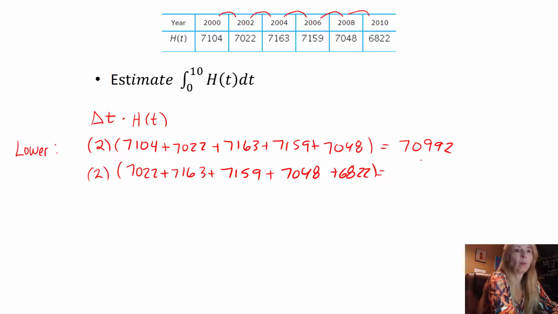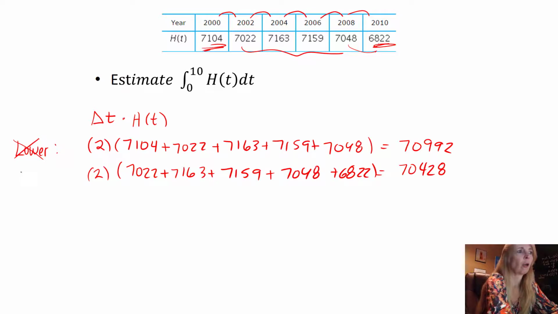Now I wrote the word lower to make sure you realize that doesn't always mean the bottom value. Notice if you look at this overall, and certainly looking from here to here, it's decreasing, and you can just compare the first and the last value because these values are going to be used for all of them.